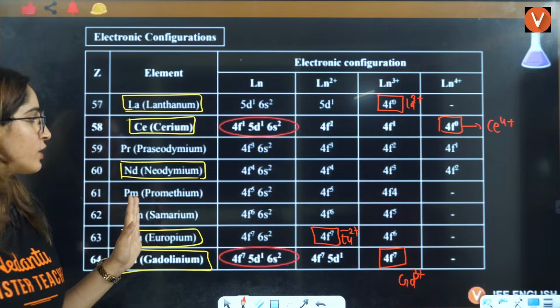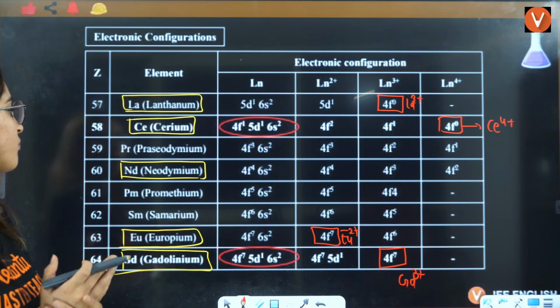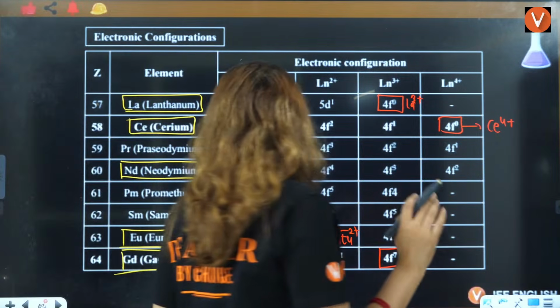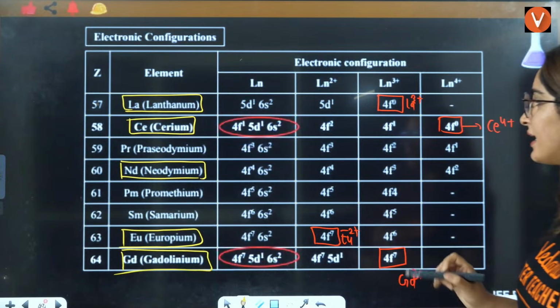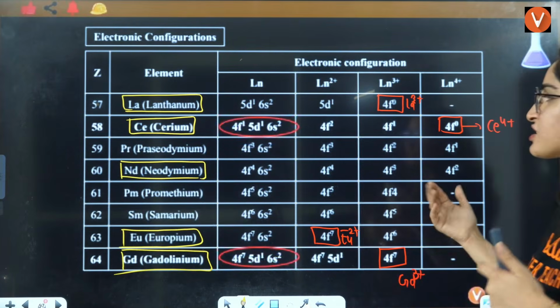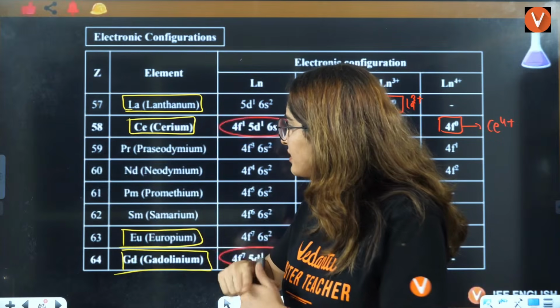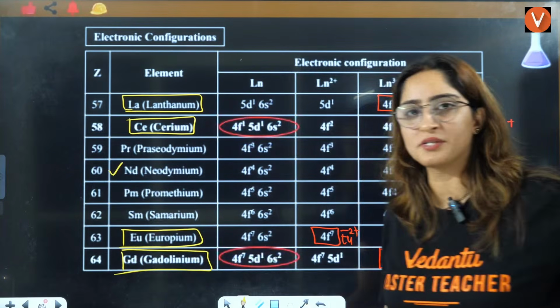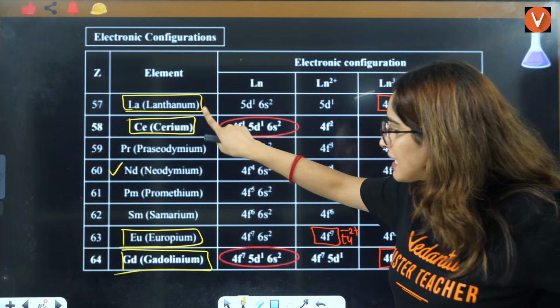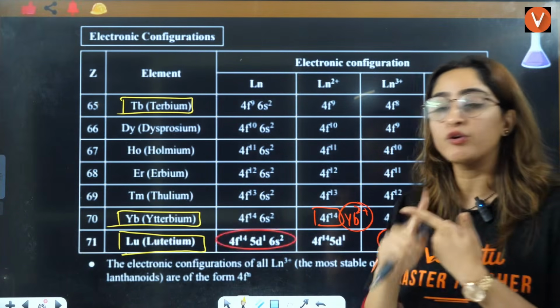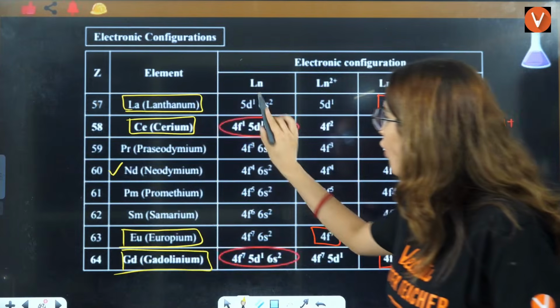These are the electronic configurations that are very, very important for you. Neodymium, they have asked it in one of the previous year questions. That's why I have written it here. Otherwise, there is no special thing about neodymium, right? But others are important. This I'll just mark here that you should do this. Lanthanum, cerium, europium, gadolinium, very important. Its electronic configuration should be on your tips.